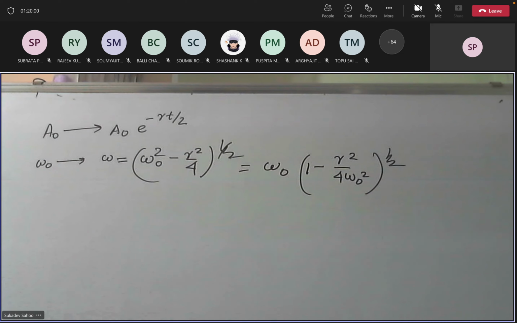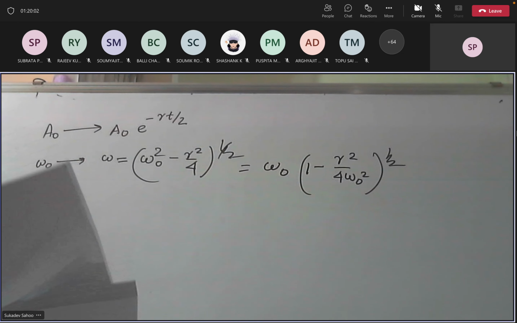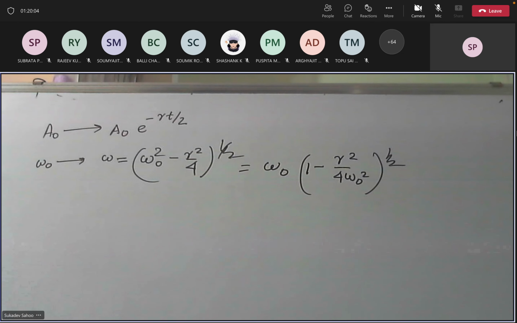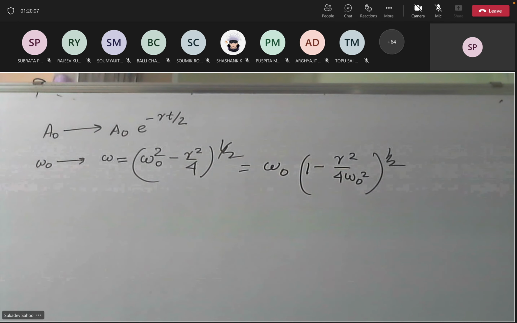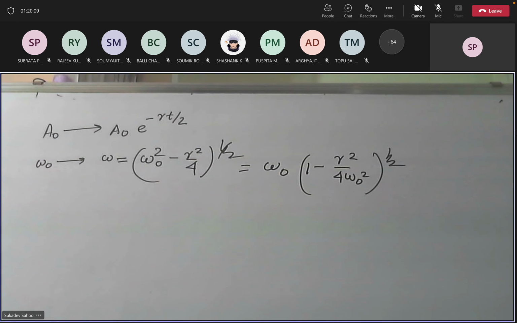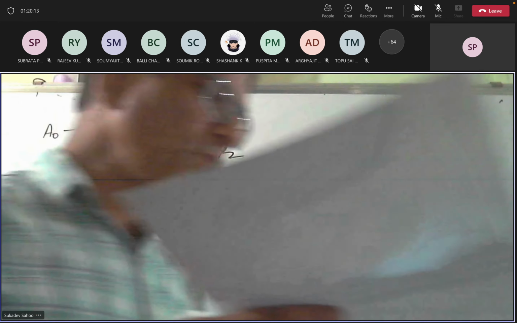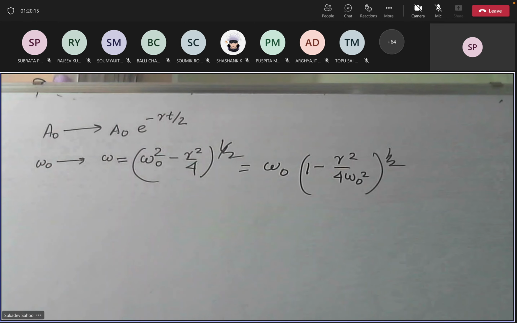The example of a weakly damped oscillation is a pendulum having a massive bob oscillating in the air.